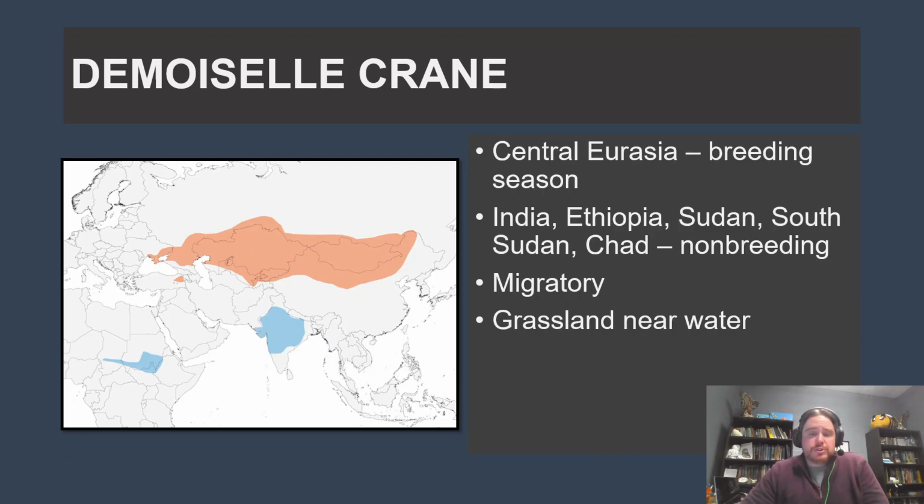It is native to Central Eurasia during the breeding season, and then the western population migrates down here into South Sudan and Chad and Sudan, and then the eastern population migrates down here to India, and so you have two distinct wintering populations that make up this one large blob, the orange blob, that is the breeding population.